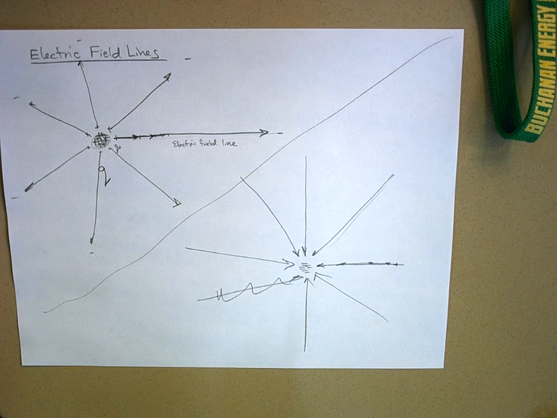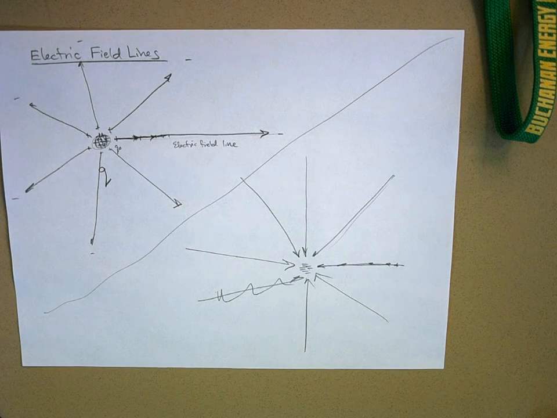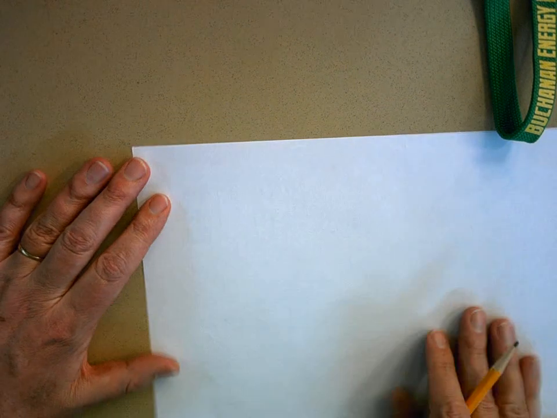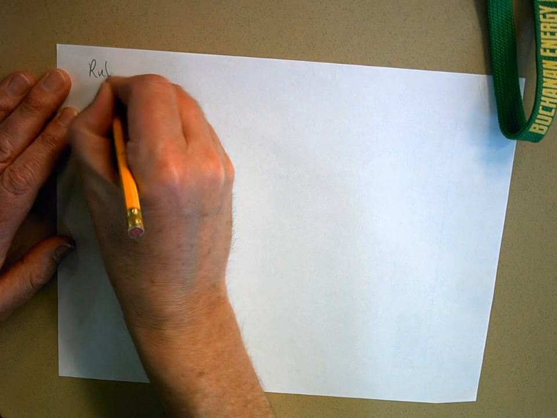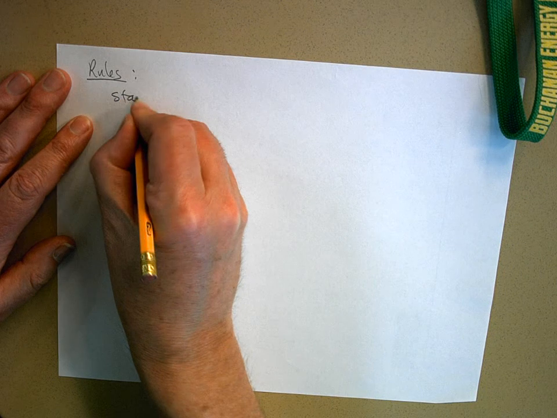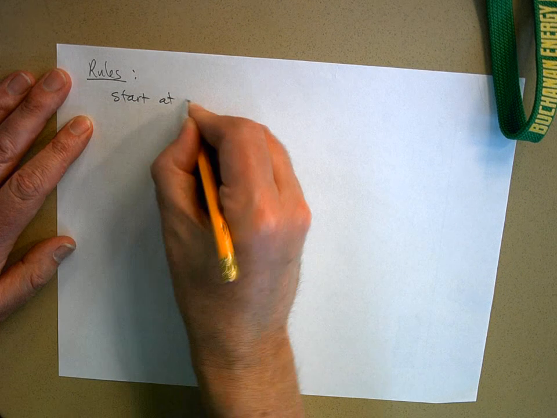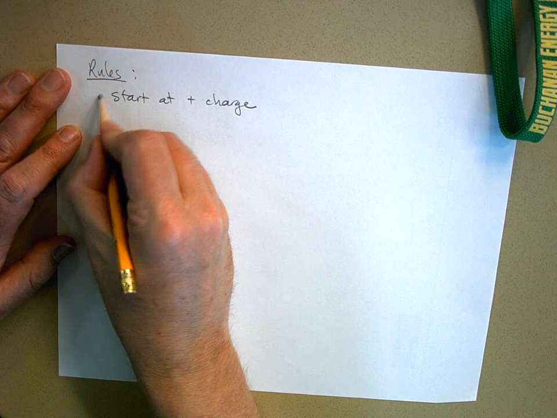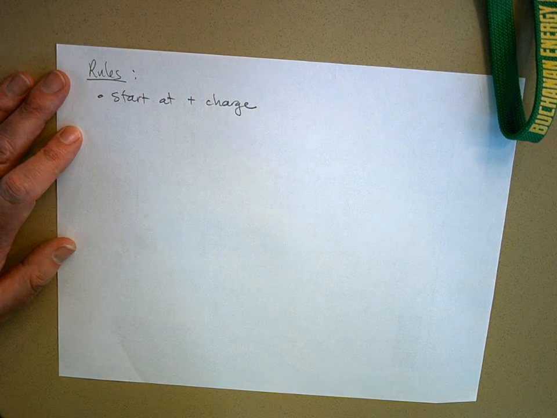Okay, so now there are some rules for drawing field lines. These are the rules. They start at positive charge. All electric field lines, when you draw them, start at positive charge.